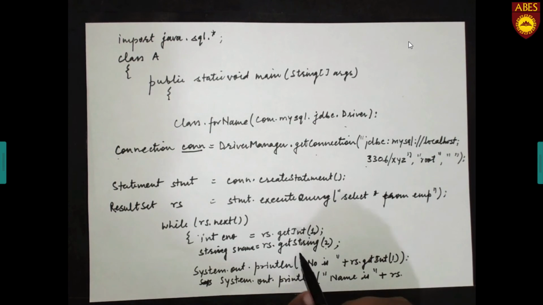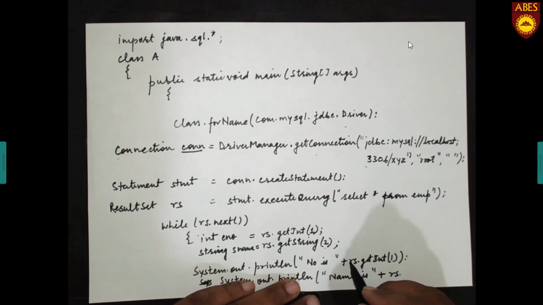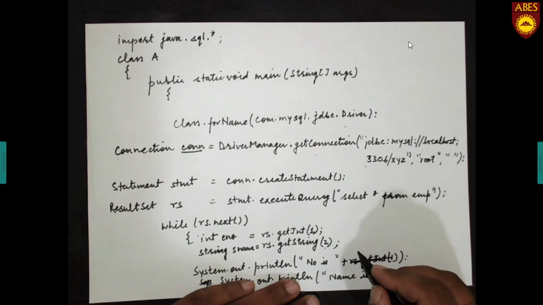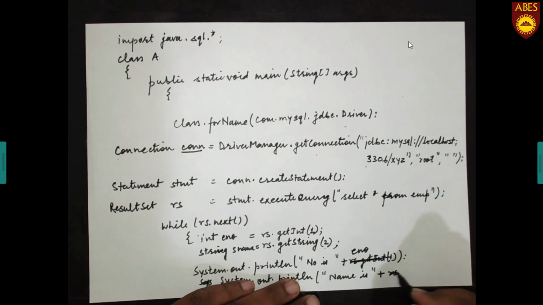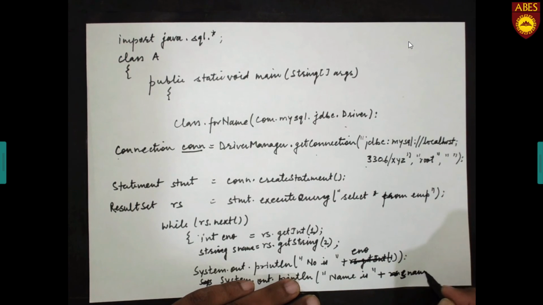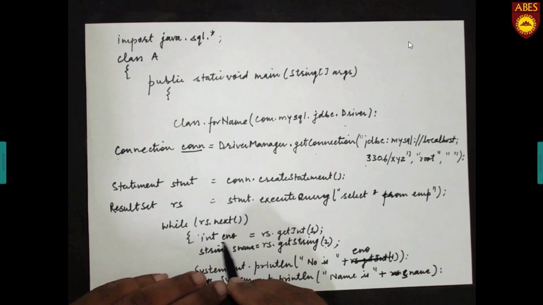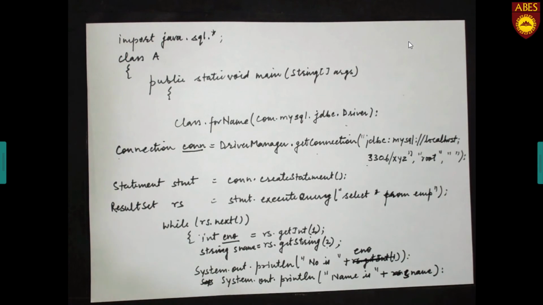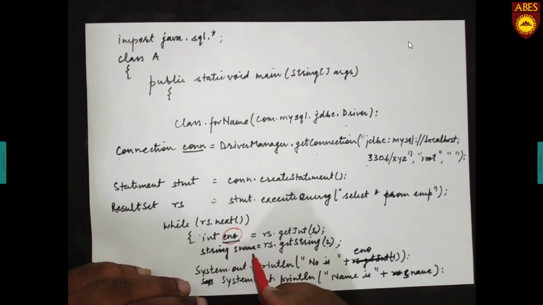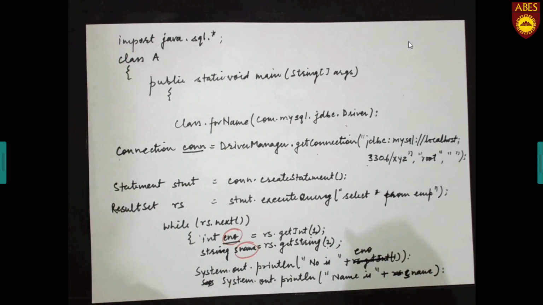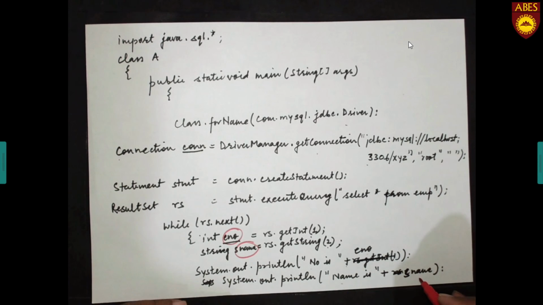Since we have stored these values in e number and s name, we can use these variables directly. So "number is" plus e number and "name is" plus s name.